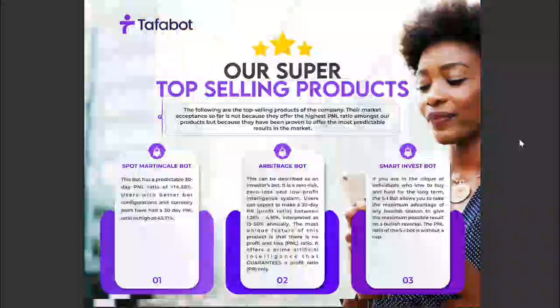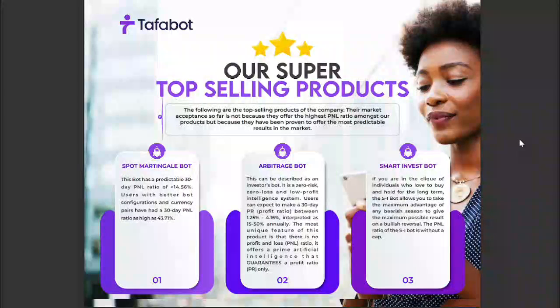Let's go further. These are the super top selling products of Tafabot. You have three of them here: the spot martingale bot, the arbitrage bot, and the smart invest bot. These three bots are the super top selling products. We have talked about them before, and let's just quickly take a look at this.